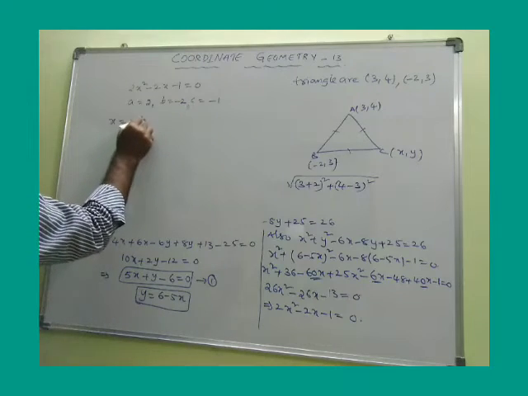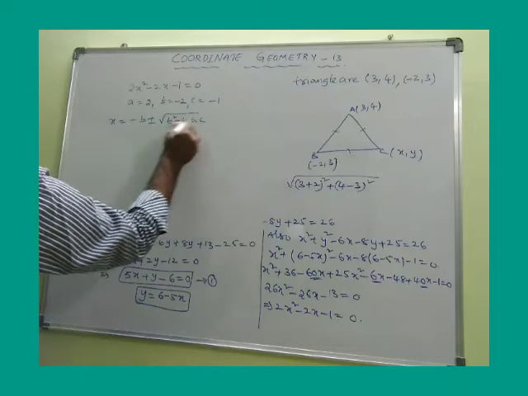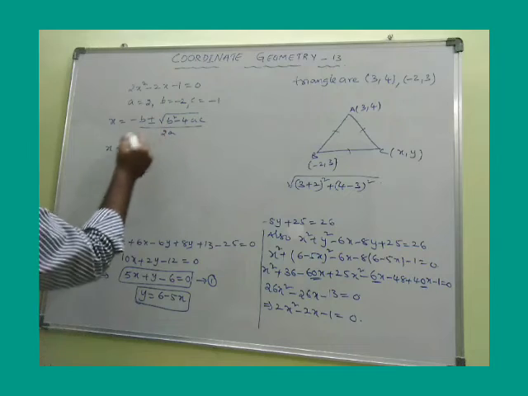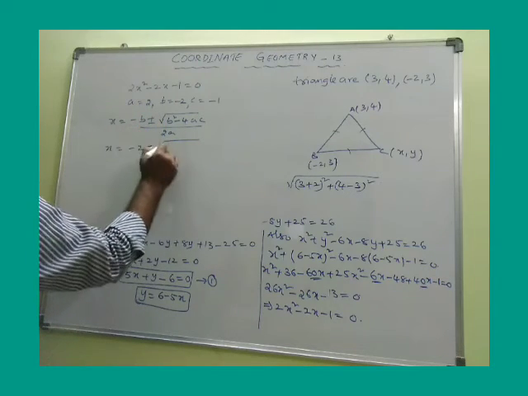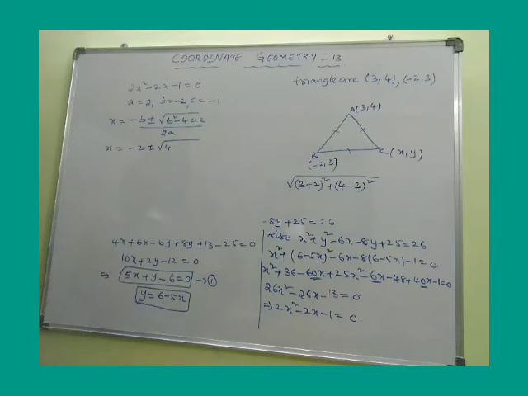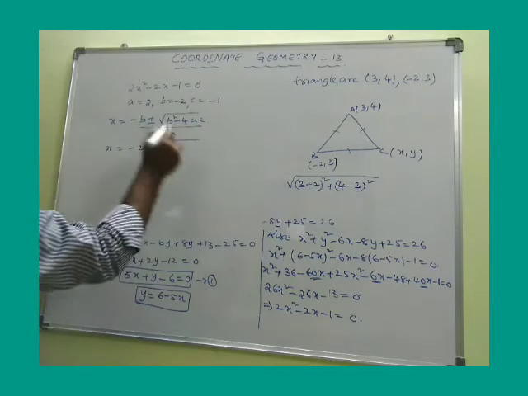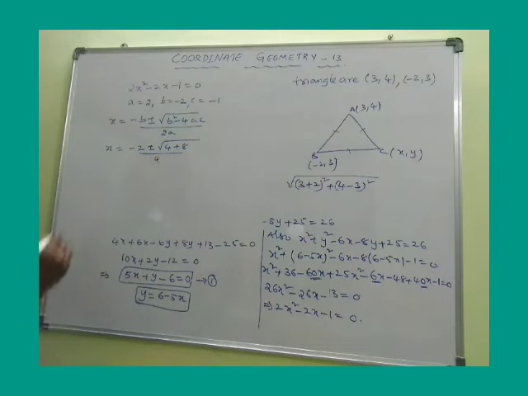Hence x can be solved by using minus b plus or minus square root of b square minus 4ac, by 2a. That is x is equal to minus (minus 2) plus or minus square root of b square value is 4 and 4ac value is actually minus 8, but minus of minus plus 8, by 2a value is 4.